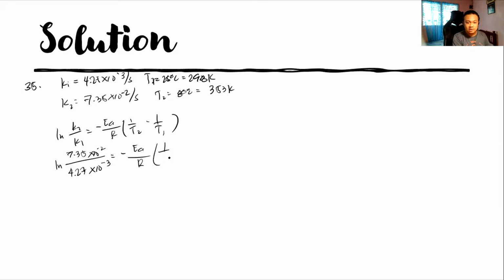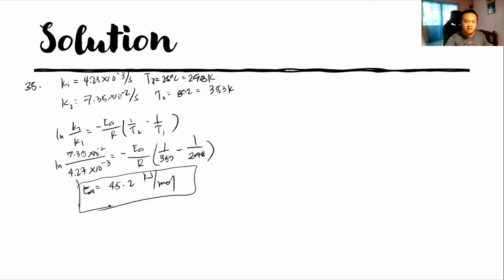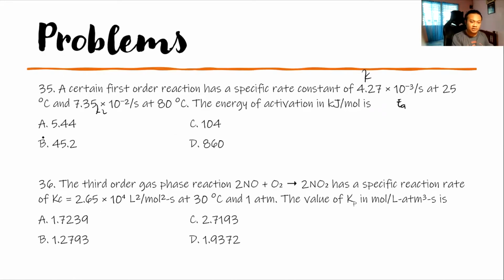R, just use the value in your calculator. Shift constant 27. Okay, so you have 353 here and then 298. Shift solve to find EA. You have 45.2 kilojoules per mole na siya. Okay, so that's it. That's the answer. So we have letter B.